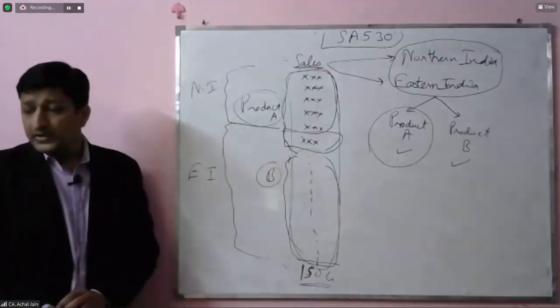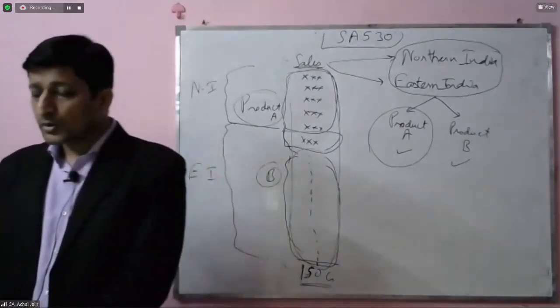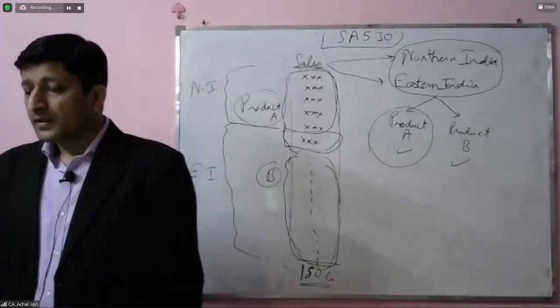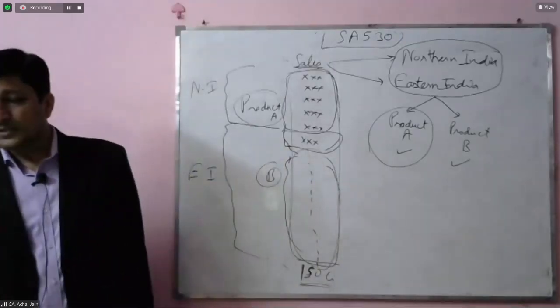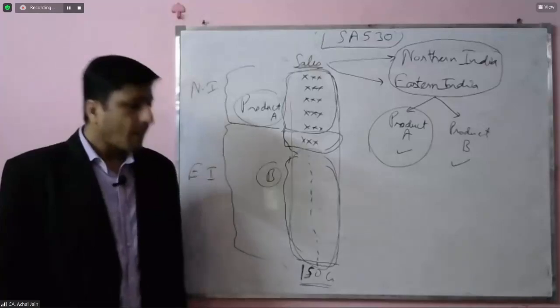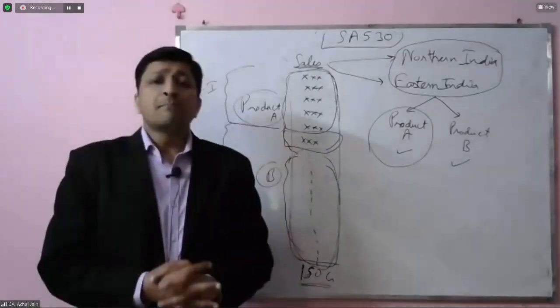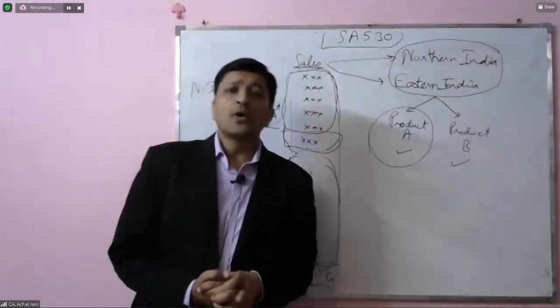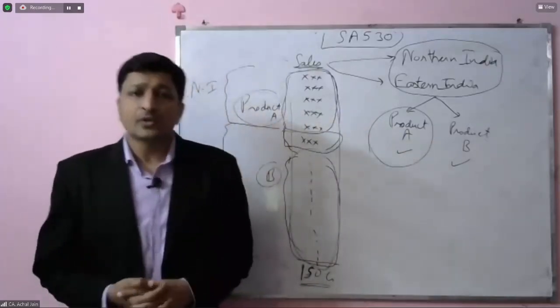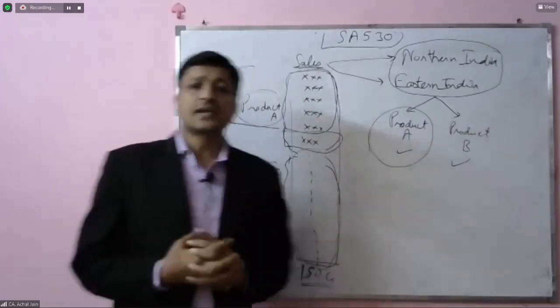Okay, now moving further onto the sampling technique and onto the misstatements. Now, samples are picked up because the auditor wants to ensure that the data given is correct.